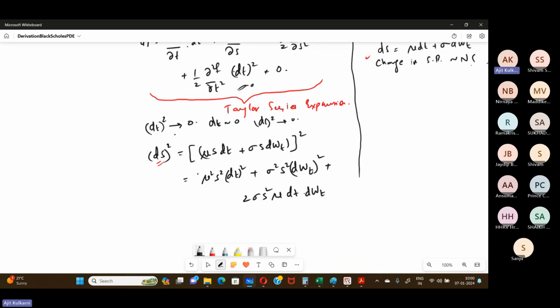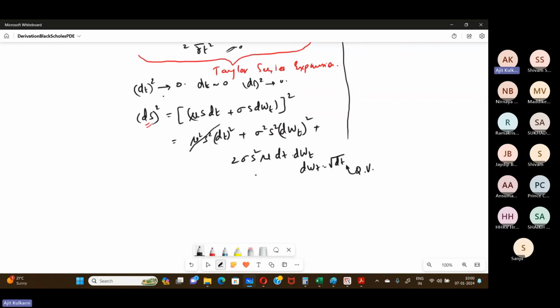Now we have just seen that dt square is 0, so this term goes to 0. Then dt into dwt: dwt is equal to square root of dt. This we have seen from the quadratic variation assignment, right?